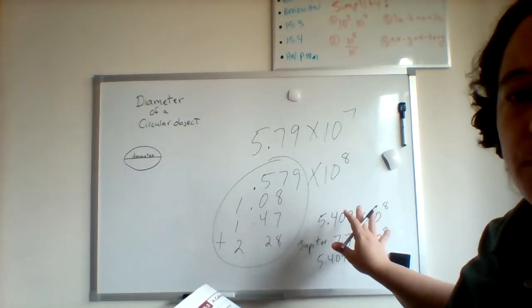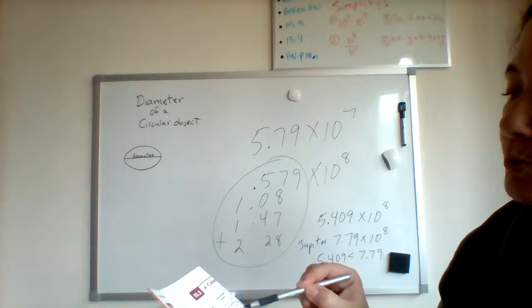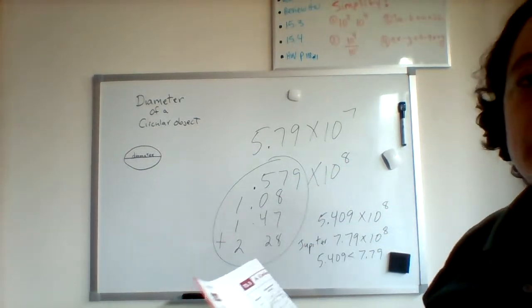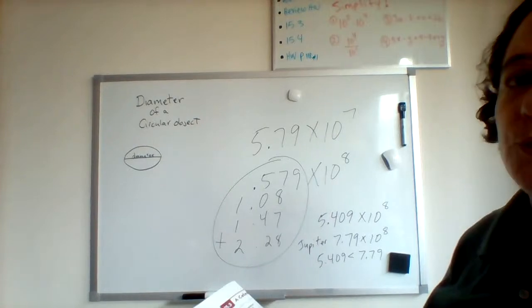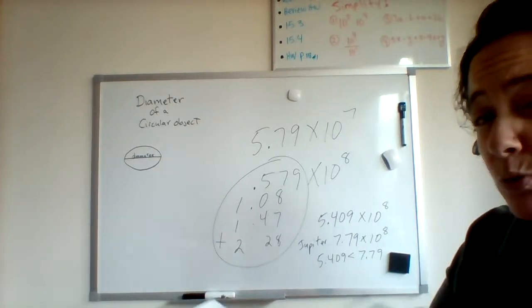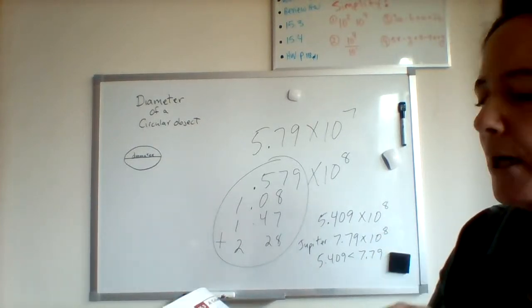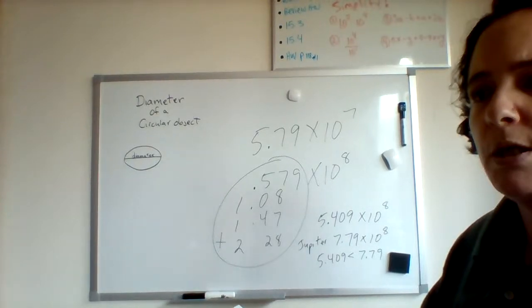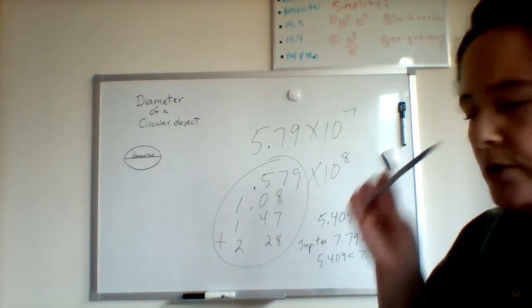For my purposes up here, I'm going to change them all to the power of 6, kind of like what we did here, because we're comparing it to the sun, and I think that will be easier for you in the long run. It's not the only way to do it, but it's the way I'm going to demonstrate here first, and if everybody is cool with it, then at least you have your strategy.